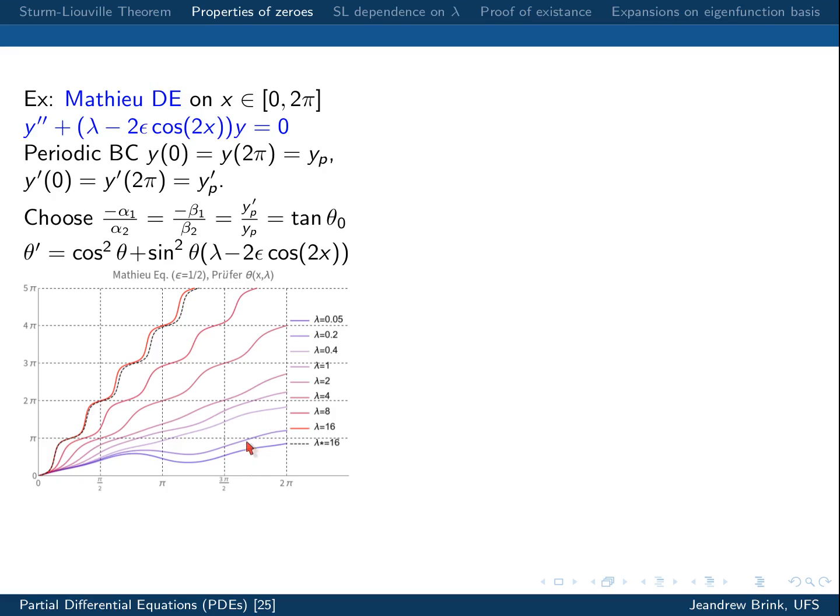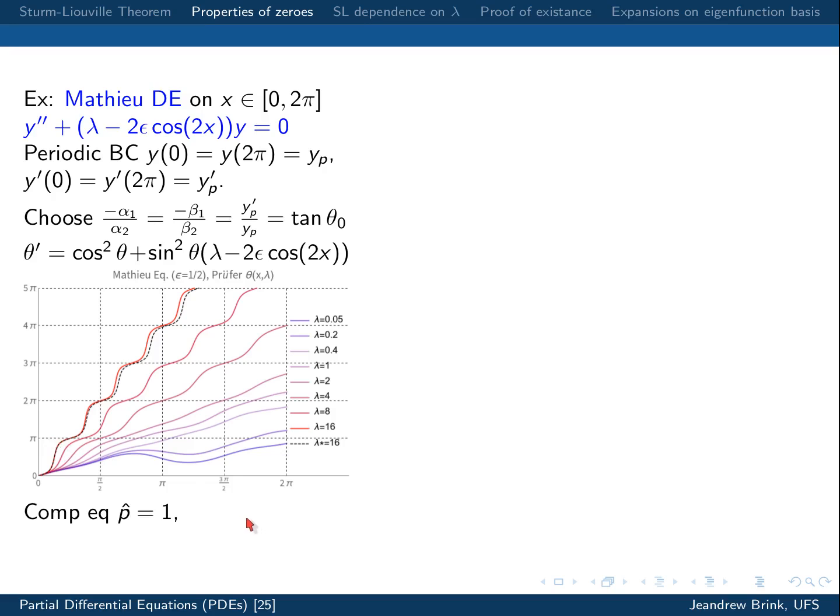But the zeros themselves are also ordered. In other words, the first 0 of a line with greater lambda always lies to the left of the 0 of a line with smaller lambda. Okay, so there's an ordering, and as lambda increases, the zeros tend to shift more and more to x equals a over there.